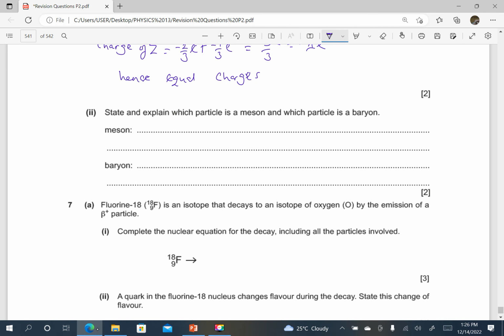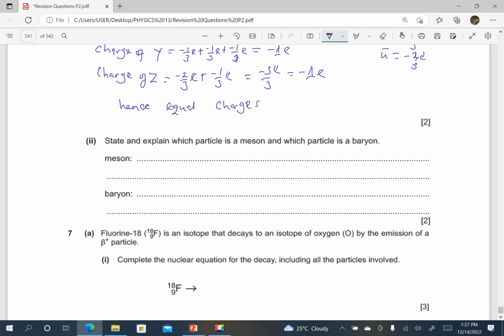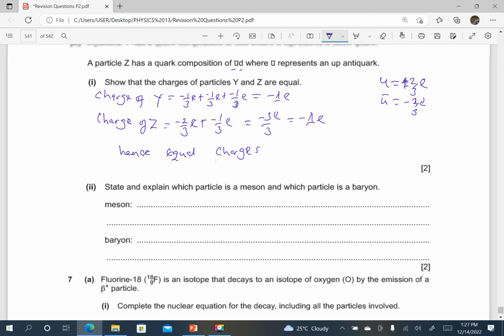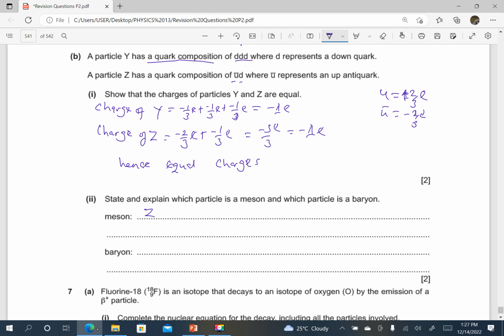State and explain which particle is a meson and which particle is a baryon. A meson, we have said, is made up of a quark and an antiquark. So Z is a meson because it has anti-up and down.